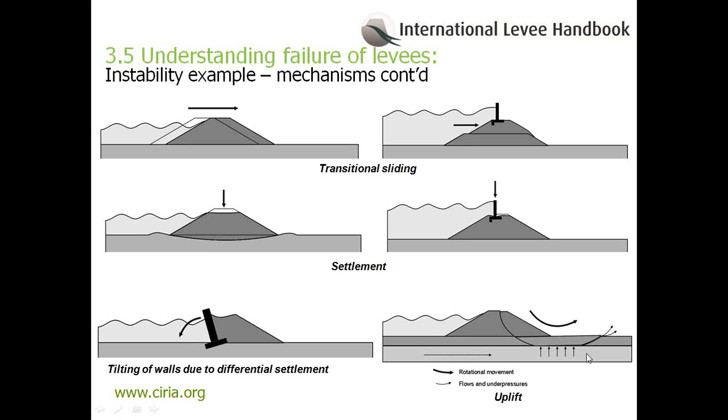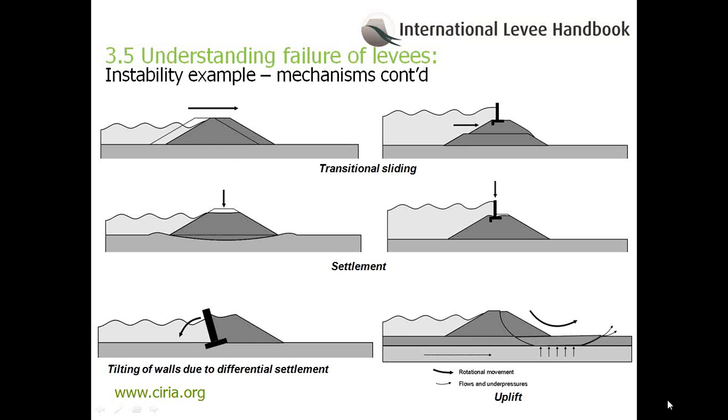Levees are typically constructed, of course, in floodplains with foundations that contain layers of soft clays and peat. These materials tend to undergo relatively large, time-dependent settlement as they consolidate under an imposed load. Differential settlement in the foundation soils or in the body of the levee can also induce a tilting of the walls that are part of the structure of the levee.